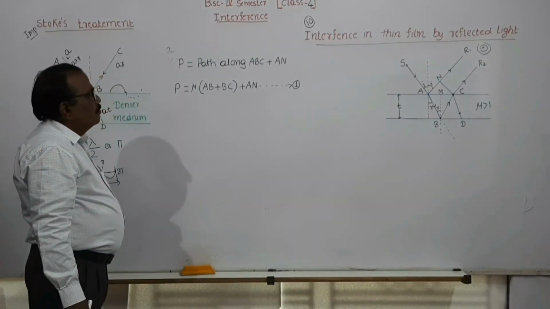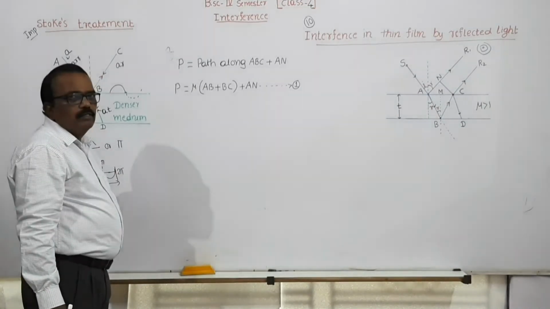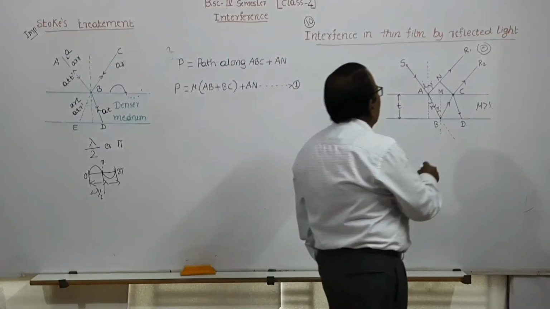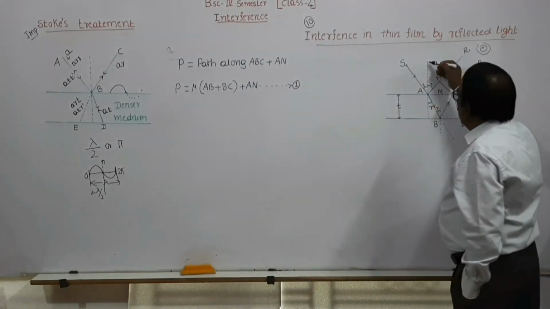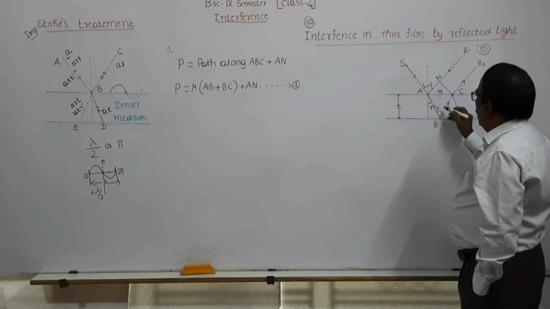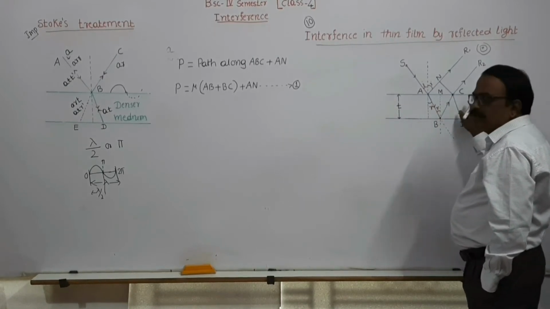Now, we have to find what AP is, what BC is and what AN is, and then you substitute here. See, this is the normal drawn at point A, and here BM is the normal drawn to the boundary surface.